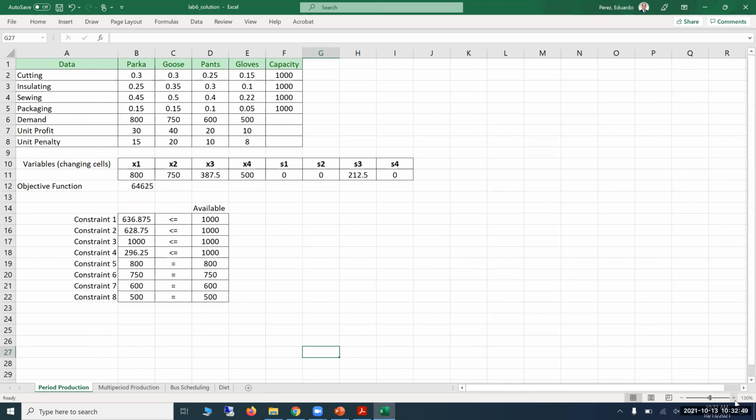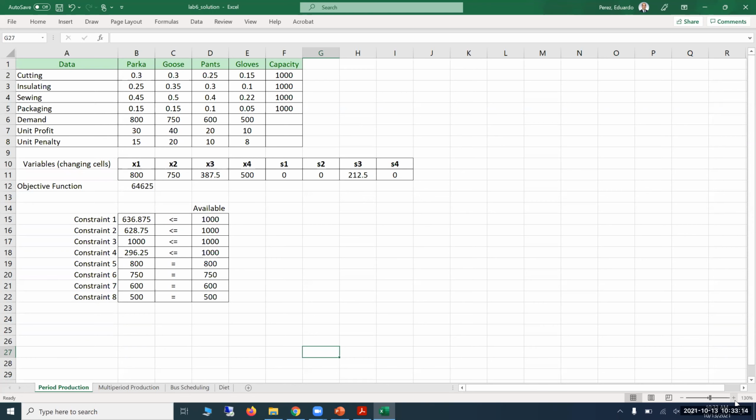If you don't let Ample know that x1 has to be greater or equal to 0, you will get an unbounded solution. So you have to specify that your decision variables are greater or equal to 0.